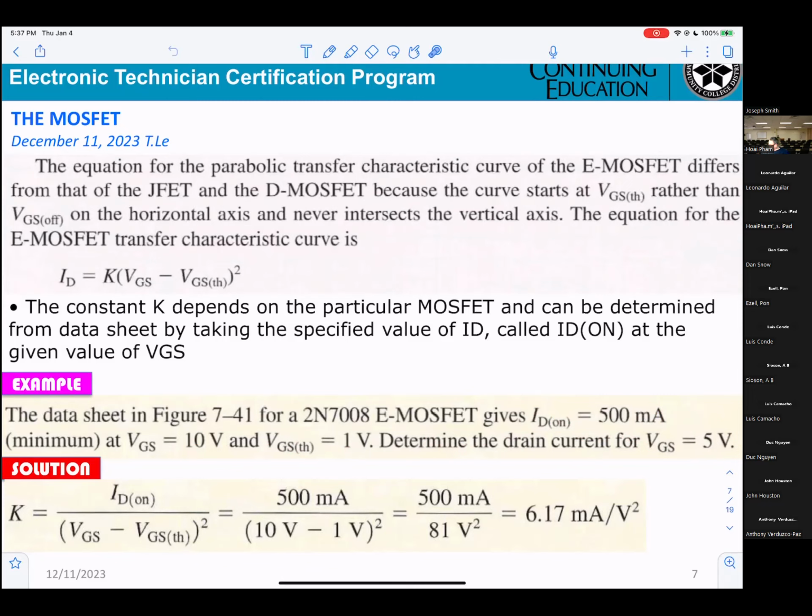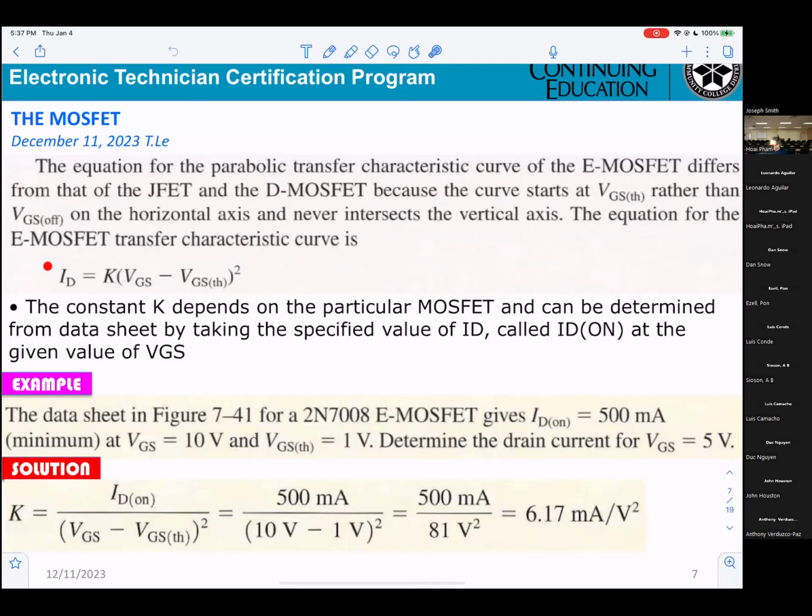The first thing you need to do is calculate K. If you want to use this formula, you already have the VGS, now you have to calculate K. K will be equal to ID on divided by VGS minus VGS TH, squared.